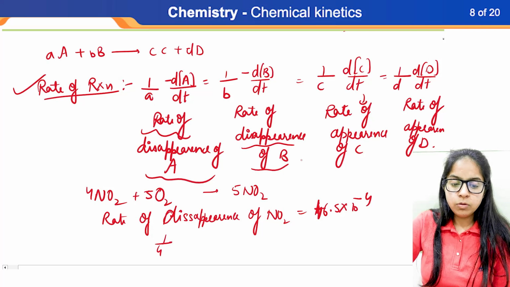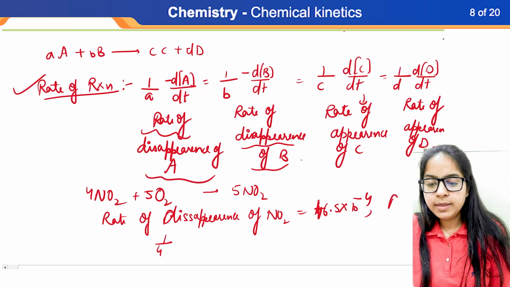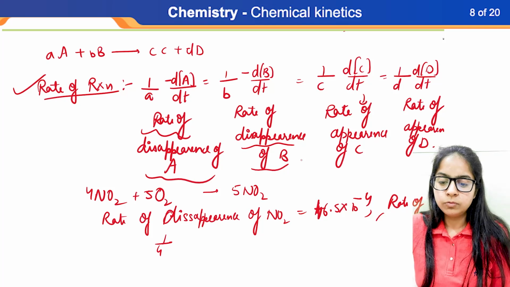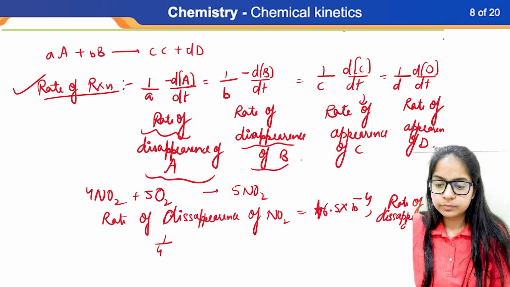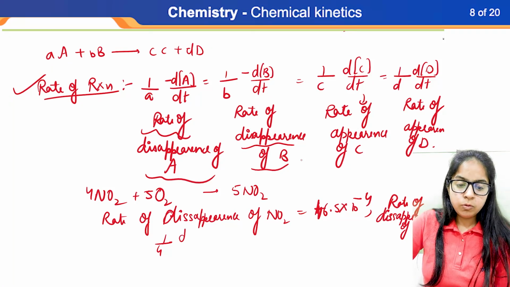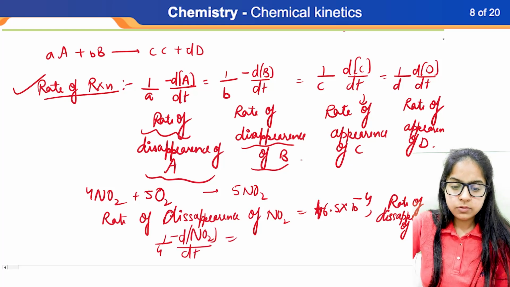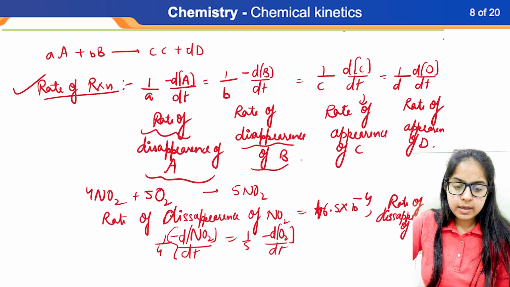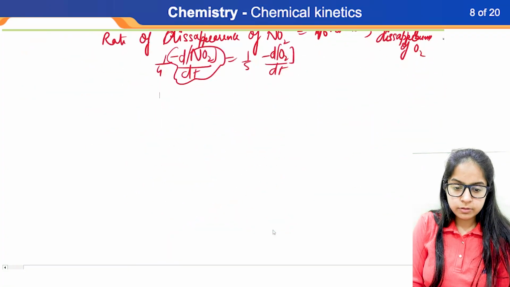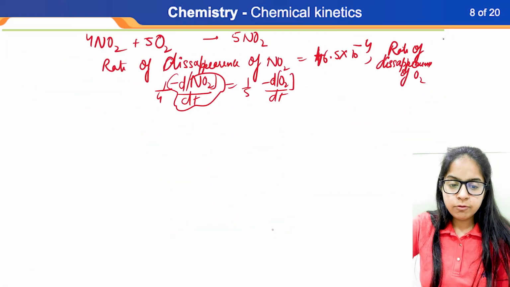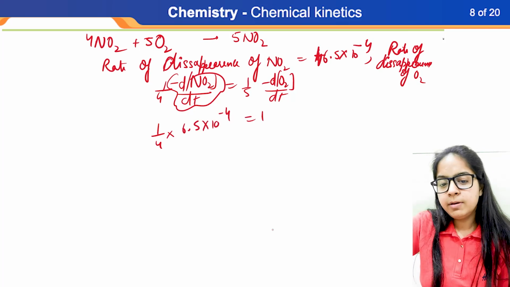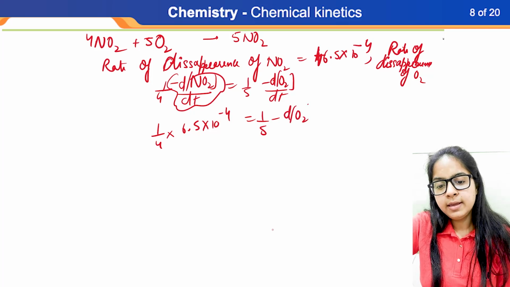So 1 by 4, you need to calculate the rate of disappearance of O2. Then 1 by 4 times minus d[NO2]/dt is equal to 1 by 5 times minus d[O2]/dt. So we have 1 by 4 into 6.5 into 10 raised to power minus 4 equal to 1 by 5 times minus d[O2]/dt.